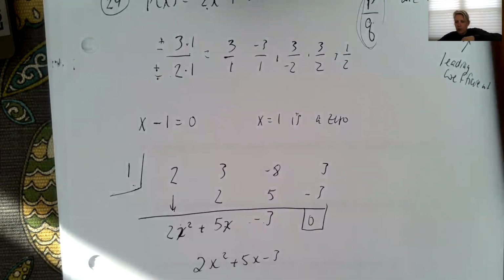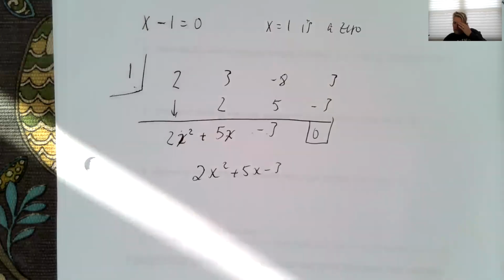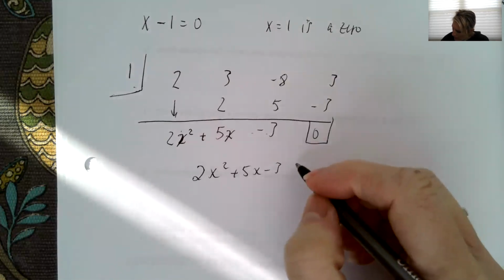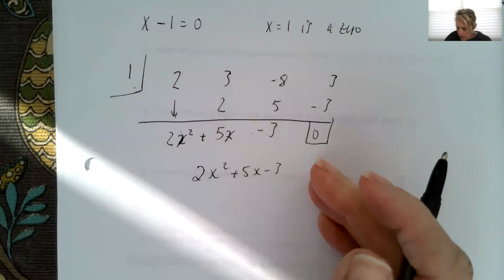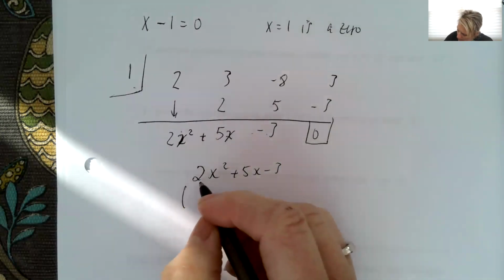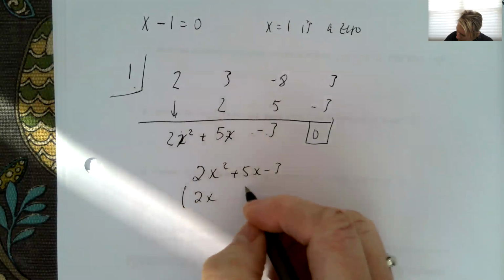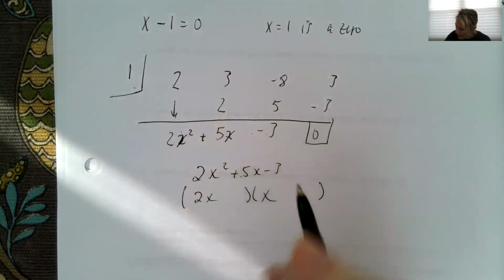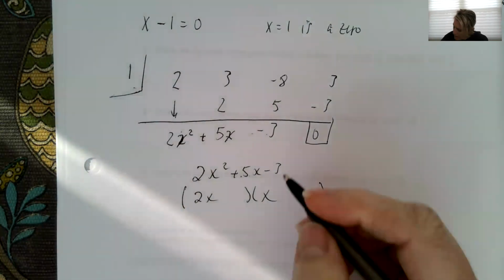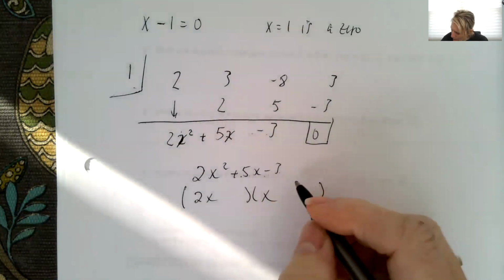If you're not great at factoring, then you could use the quadratic formula, but we could try to factor this last piece into 2x and x, and we need a positive 5x. A negative 3 would be a 1 and a negative 3.